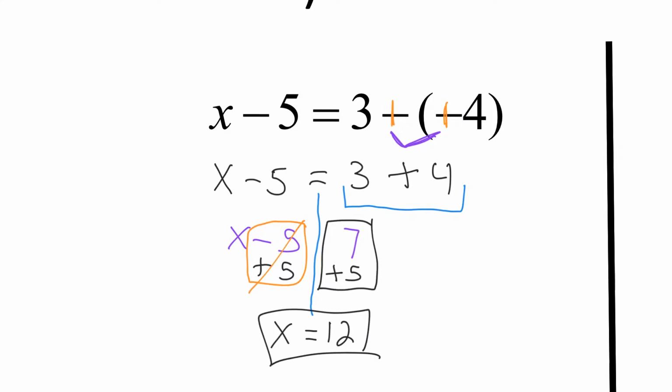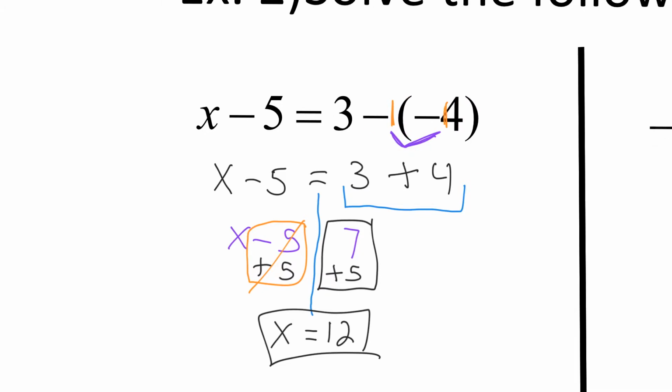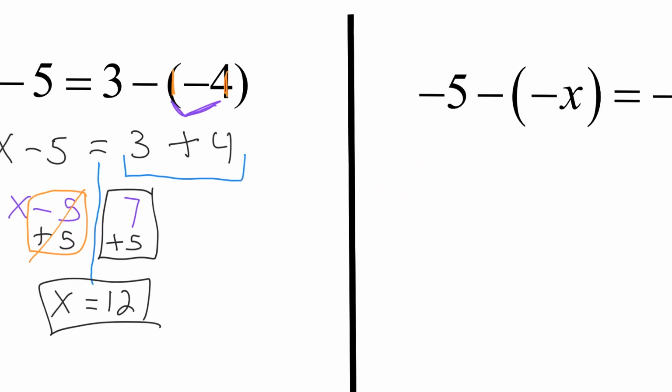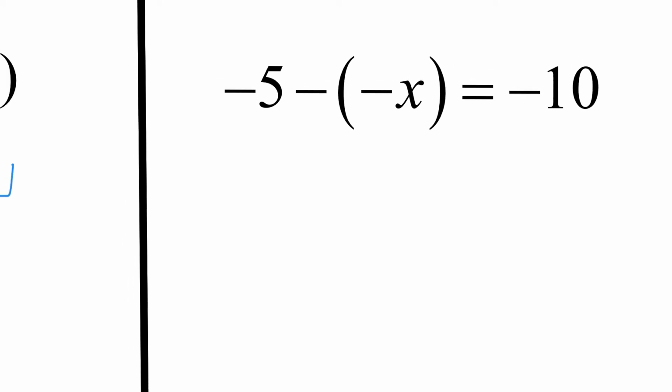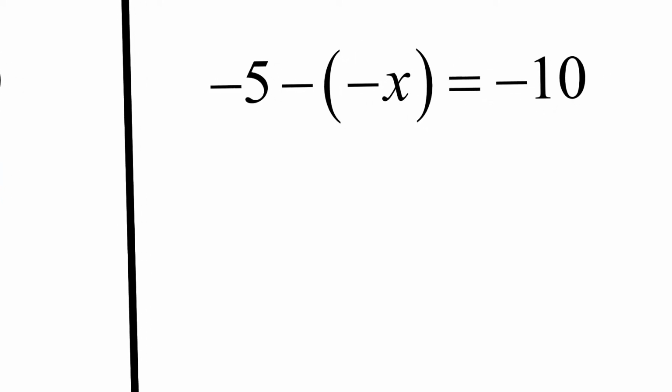Let's look at another example. I want to show you when you have a variable inside of the parentheses, and it is a negative times a negative. First of all, let's understand why we have a double negative. If you look at these two signs here, a negative, and there's a parenthesis in the middle, that is a double negative.